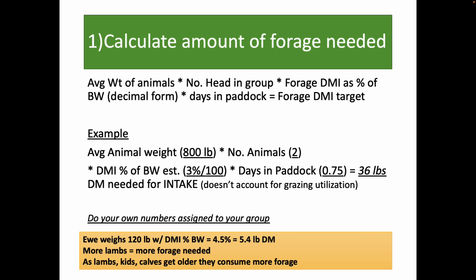Okay, in this example, let's go ahead and do step 1 together. So average animal weight, 750 times 2 or 3, depending on which group you're in, times 0.03 times 0.75.